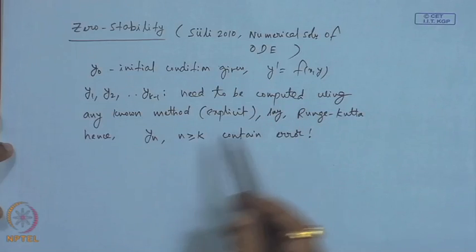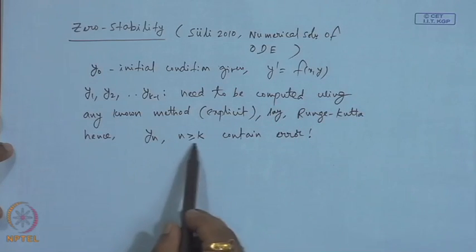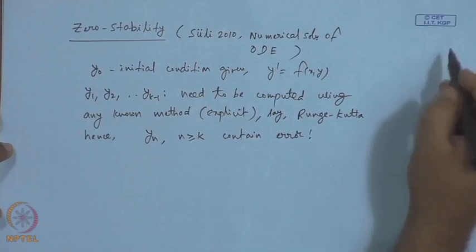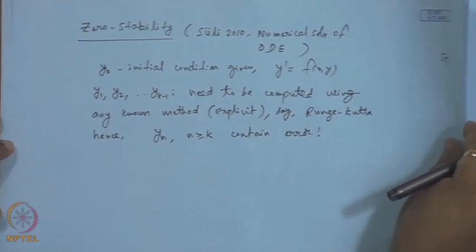So, there is an error, and that gets in to compute the higher values. So, let us define what is 0 stability in this context.